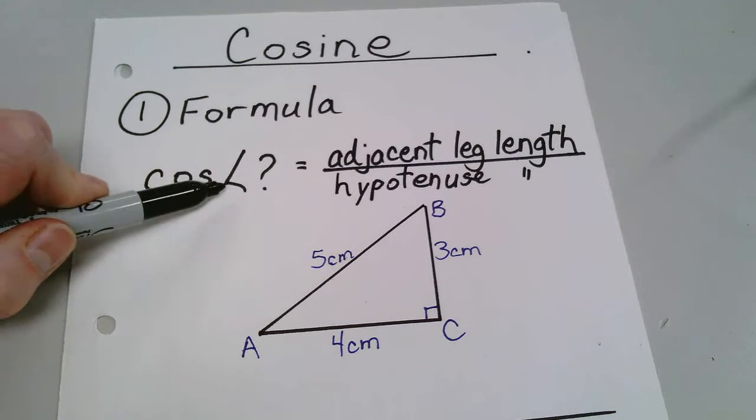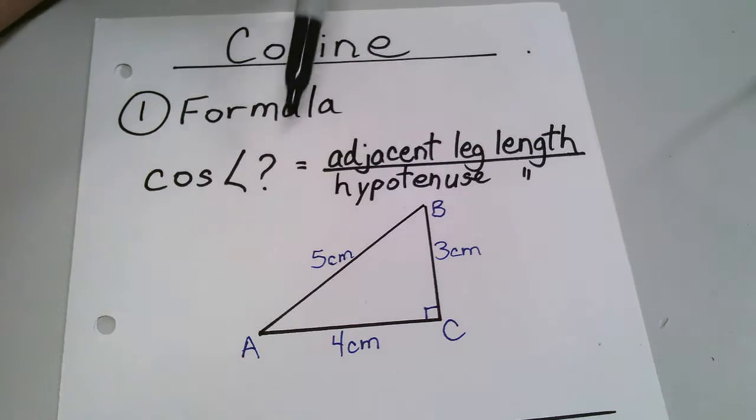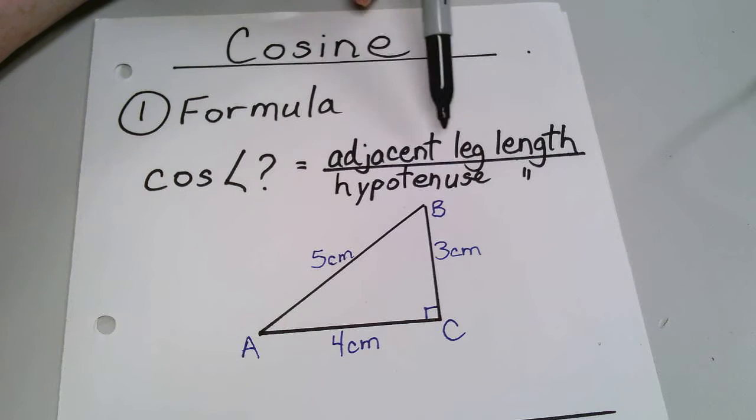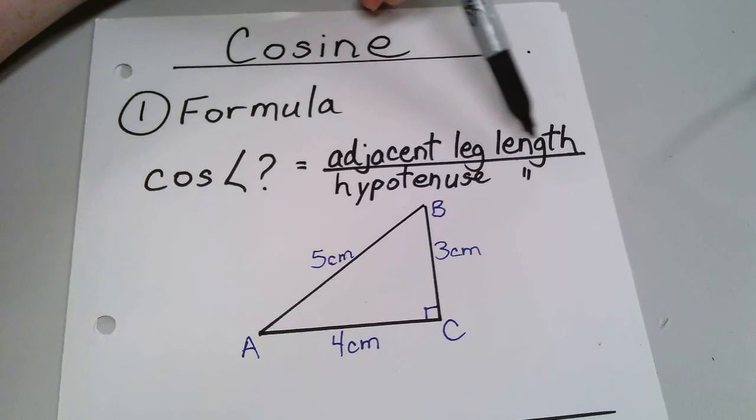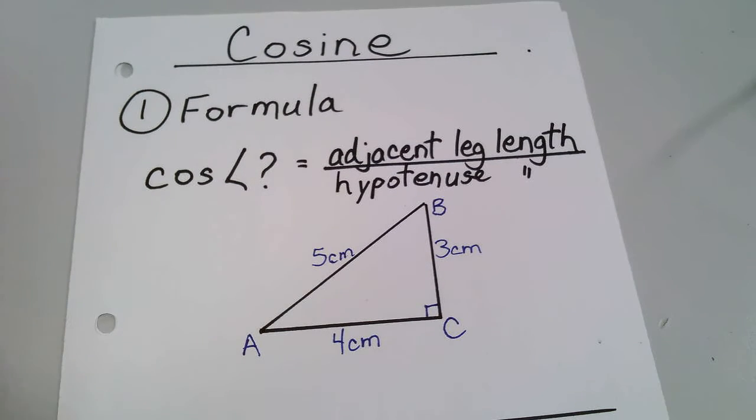So here is the formula for cosine. The cosine of angle, whatever it could be, A or B, is equal to the adjacent leg length divided by the hypotenuse length. We already defined the two different types of legs in the last lesson, about adjacent being right next to and opposite being across from.